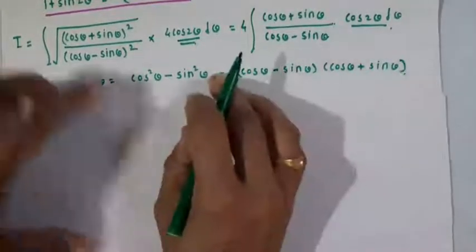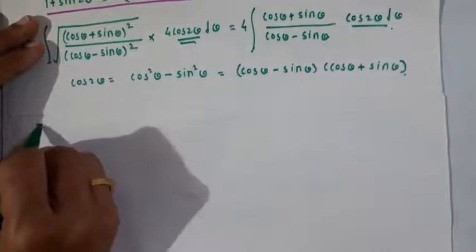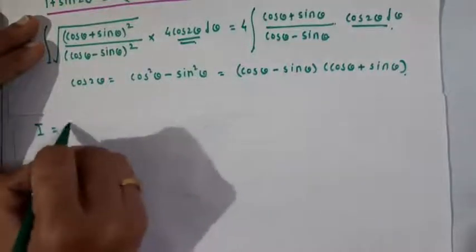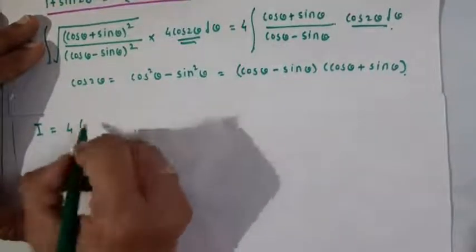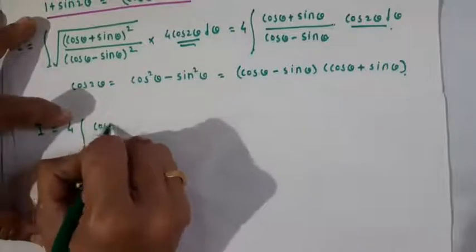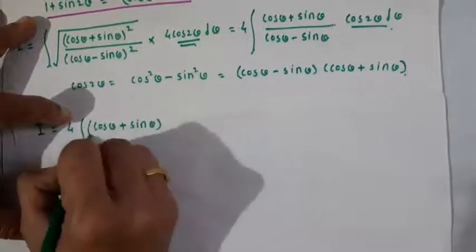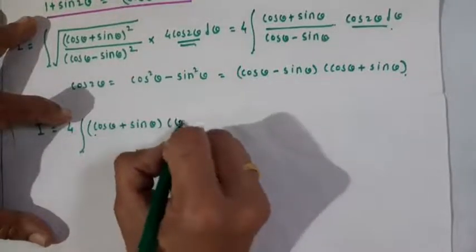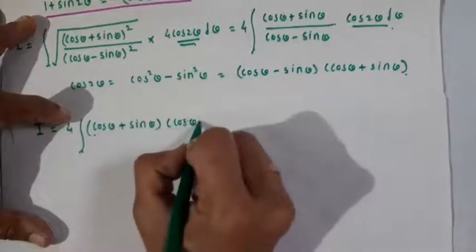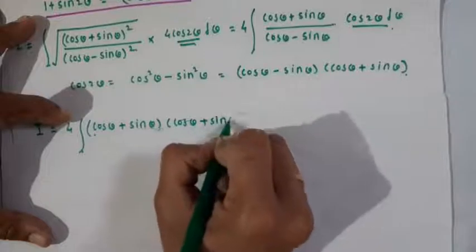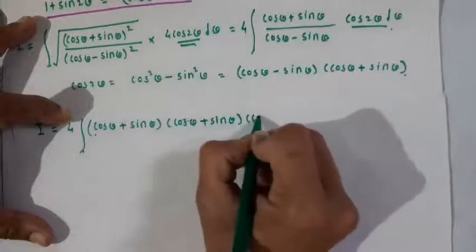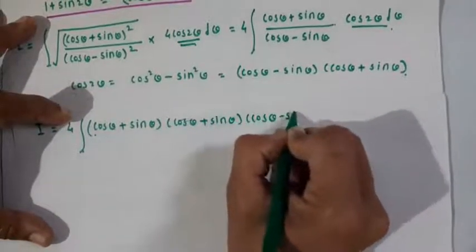Okay students, so now the integration, that is integration 4 as a constant, and this is cos theta plus sin theta into cos theta plus sin theta and cos theta minus sin theta.